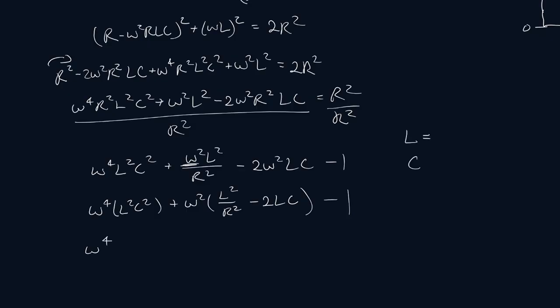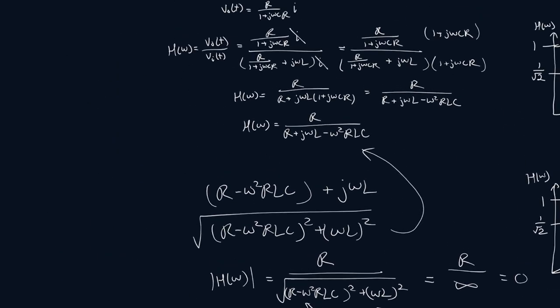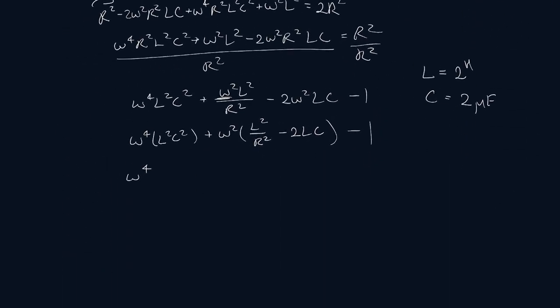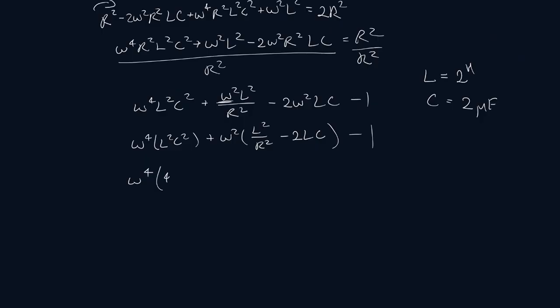Okay, now we know the values of L and C. L should be 2 Henry, and C should be 2 microfarads. Let me double check. Yep. So we just start plugging them into here. So it'll be 4 times 2 times 10 to the power of minus 6 squared plus W squared times 4 over the resistance.